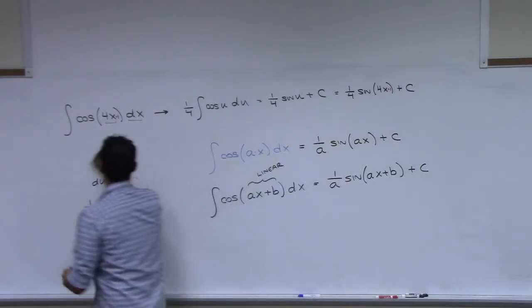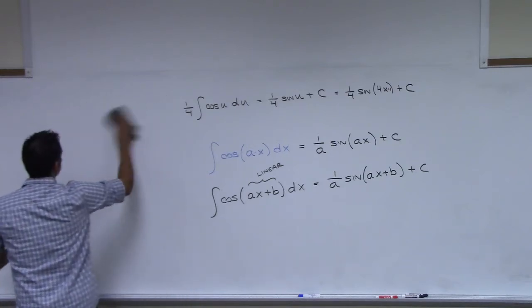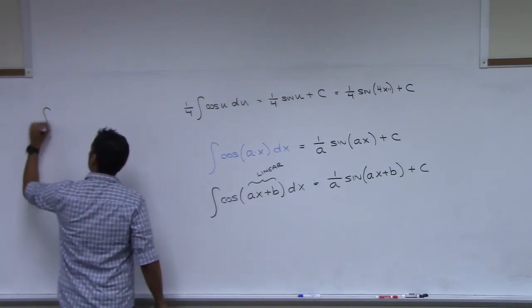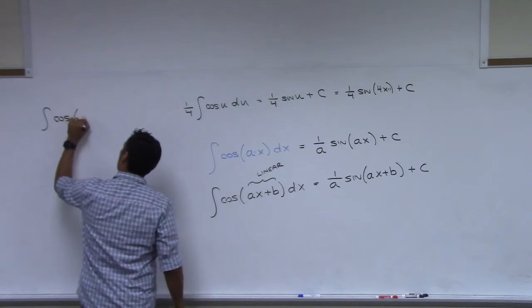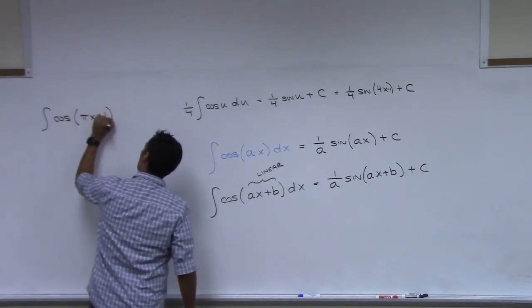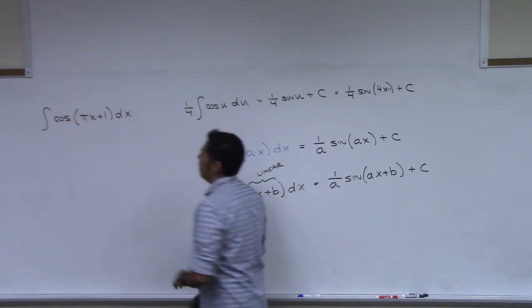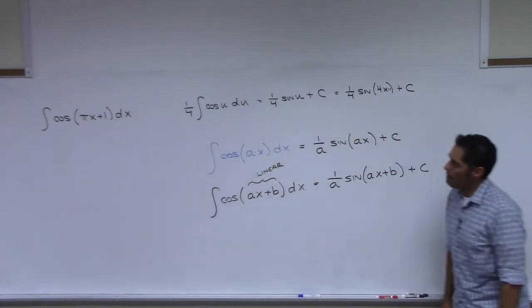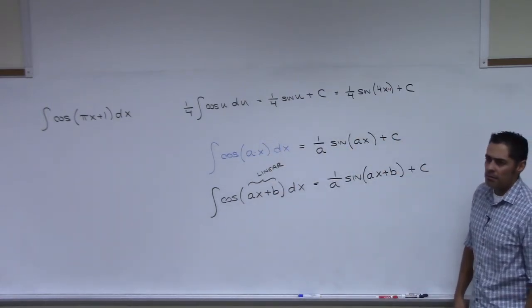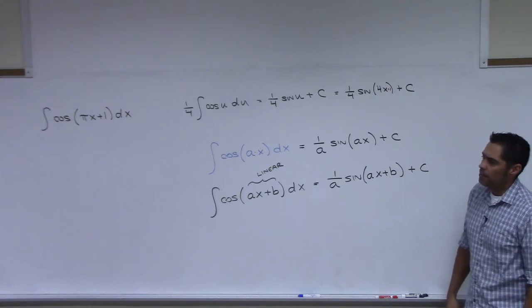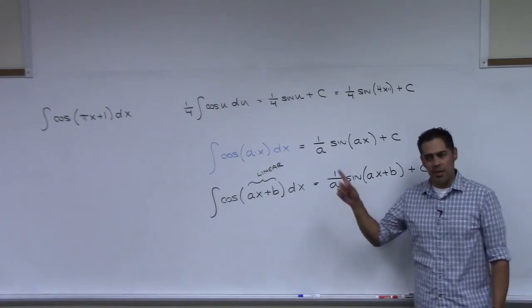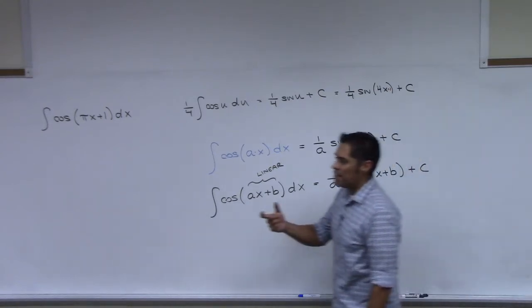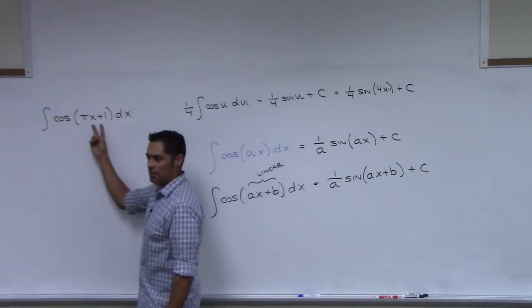A couple of quick examples with this. What would the antiderivative of that be? 1 over pi sine of pi x plus 1 plus c, right? The whole reason it's that is because this is linear in here, right?